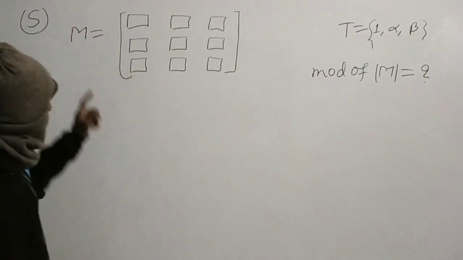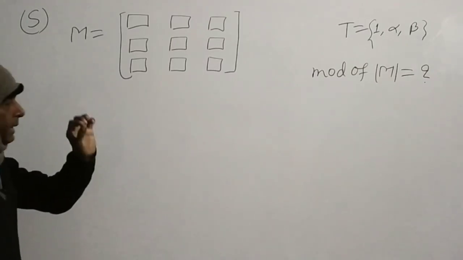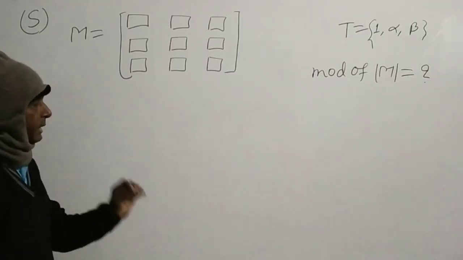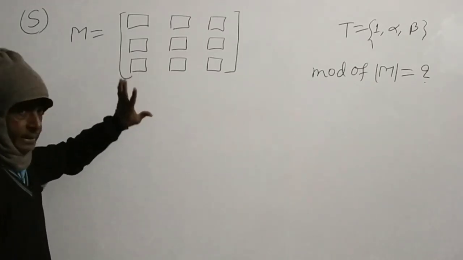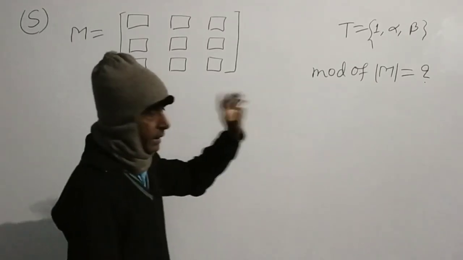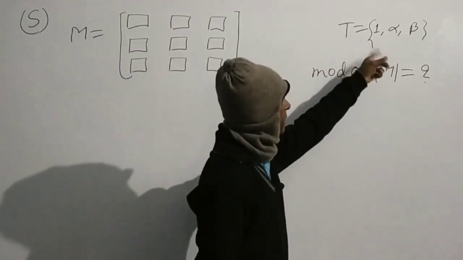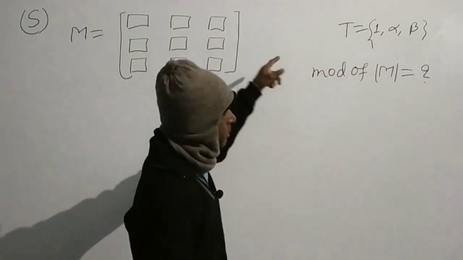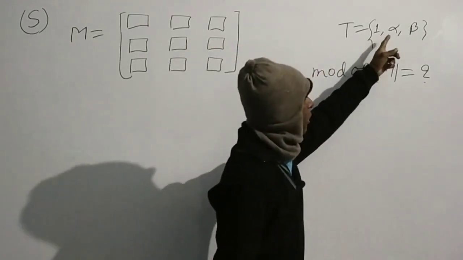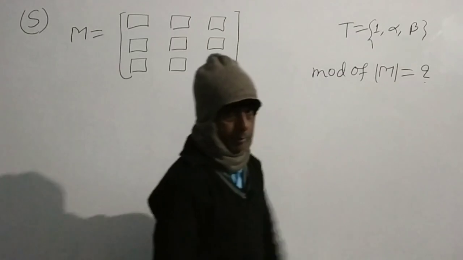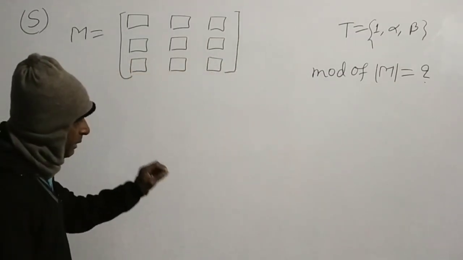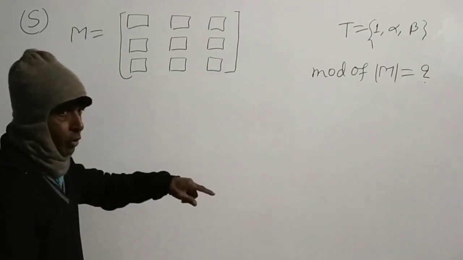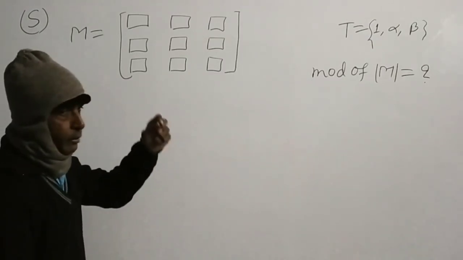In entry S of list 1, it is said that M is a matrix whose entries are from this set T, such that the sum of elements of each row is equal to 0.